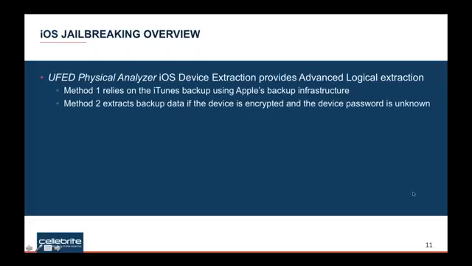Method 2, which was a fruitful way of extracting evidence for earlier versions of iOS 8 and earlier, makes it possible to extract backup data if the device is encrypted and the device password is unknown. So it leverages the file relay, but with iOS 8.3 that was released, the sandbox access has been closed, which means that a lot of information that was previously available is no longer possible to extract.